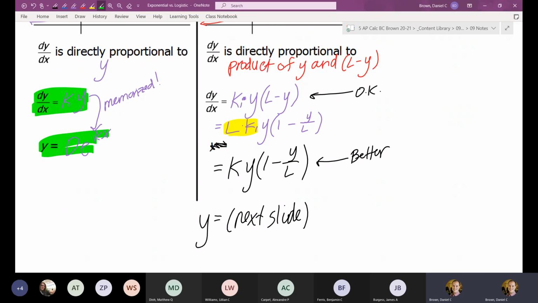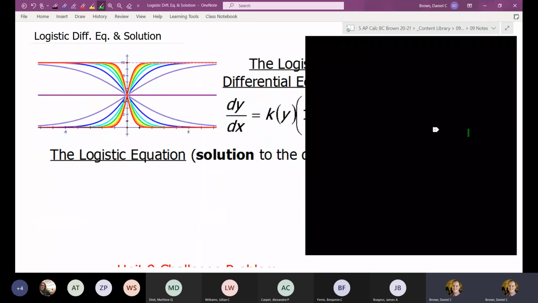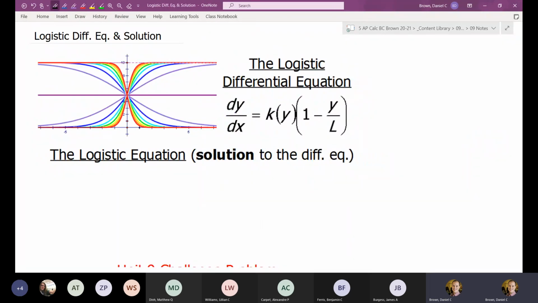For the logistic growth, dy dx is equal to this ky times 1 minus y over L. And what that is equal to is this equation. And it's going to be y is equal to L over 1 plus b e to the negative kx.